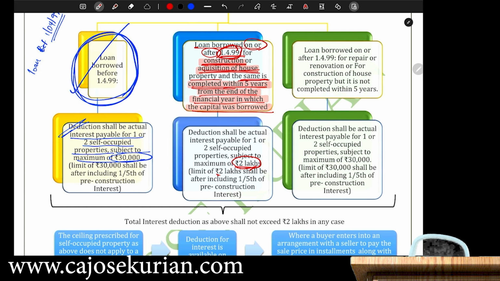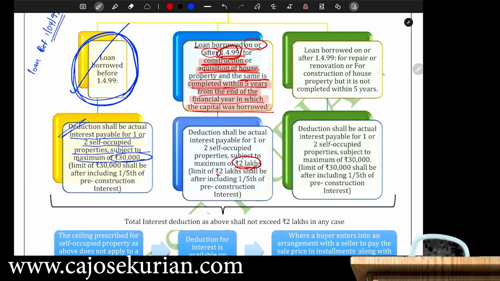That is one or two, maximum 2, not per property. Now, the limit of 2 lakh shall be after including 1/5 of the pre-construction interest. The 2 lakh has to be determined after adding the pre as well as the post. Maximum 2. Are you with me?